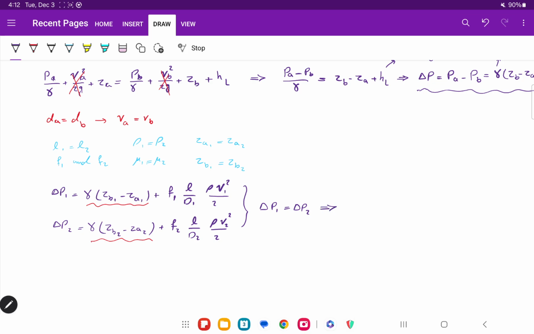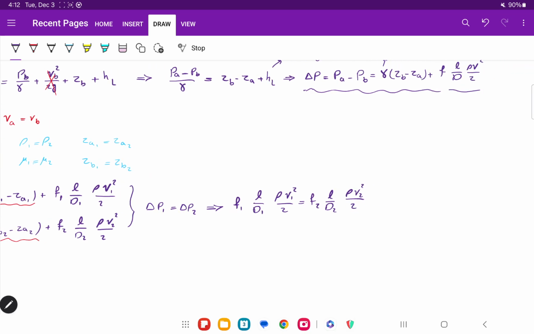So we know that F1 L over D1 rho V1 square over 2 equals F2 L over D2 rho V2 square over 2.